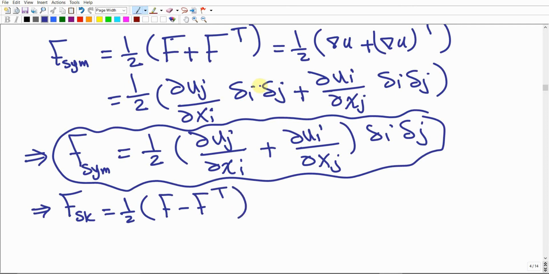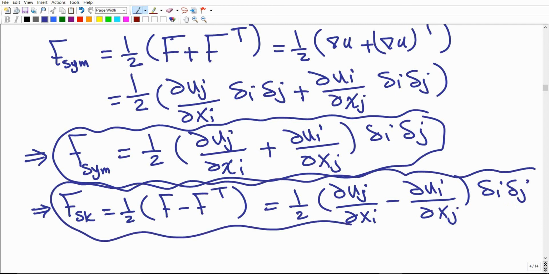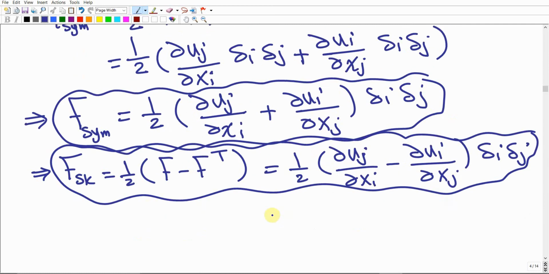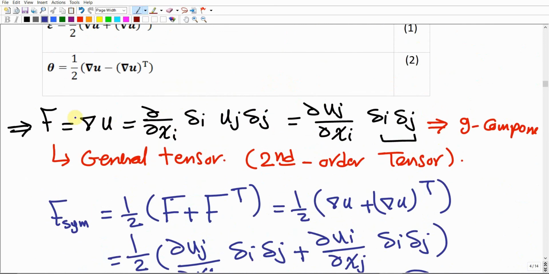If we did the same manipulation, just plug F as nabla u and F transpose as nabla u transpose, we're gonna end up with this expression: 1 over 2 partial uj by partial xi minus partial ui by partial xj, times delta I delta j, right? Which gives us the skew symmetric part of the same general tensor. If we combine these symmetric and skew symmetric parts together into one tensor, we shall end up with the overall F.